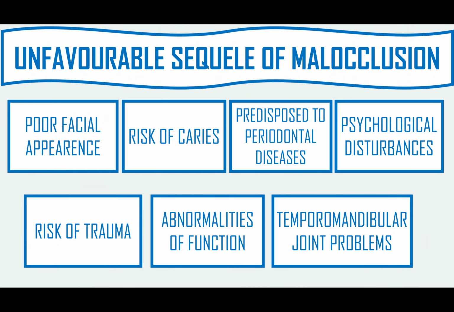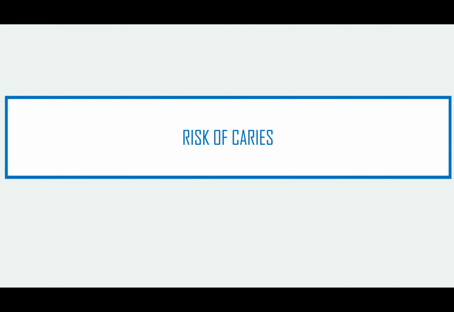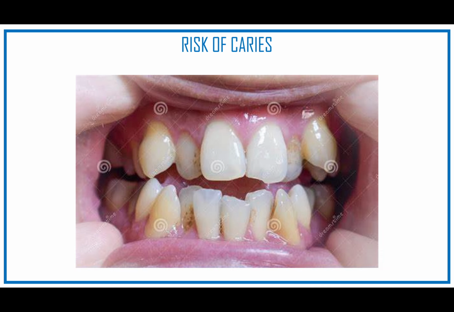Going towards the second unfavorable quality of malocclusion, that is risk of caries. Malalignment of teeth makes oral hygiene maintenance a difficult task, thereby increasing the risk of caries. It may also reduce the potential for natural tooth cleaning, thereby increasing the risk of decay.